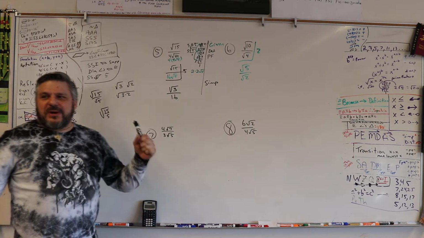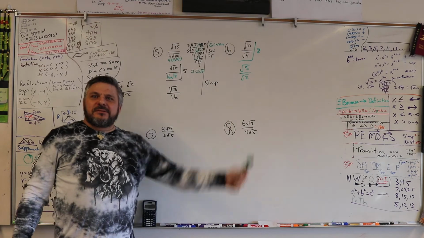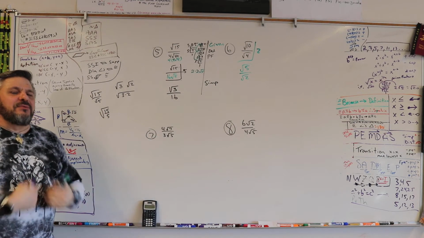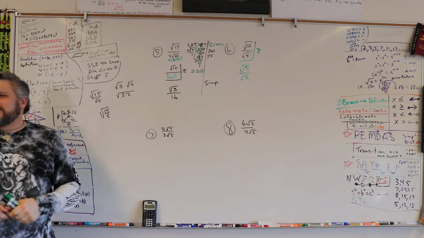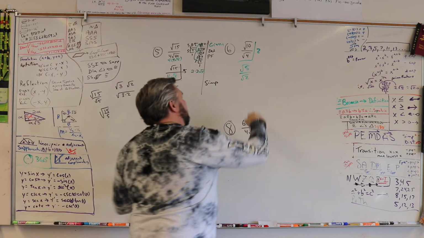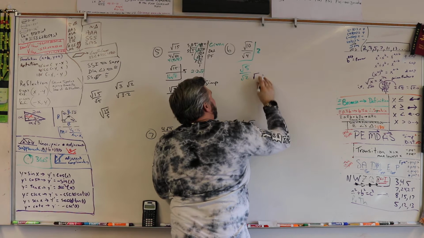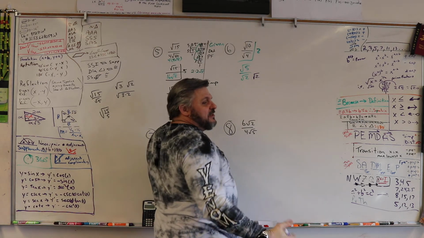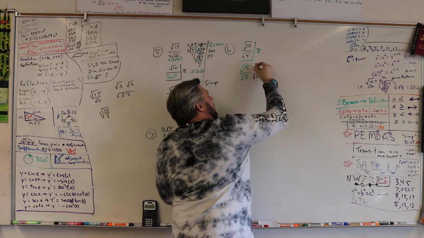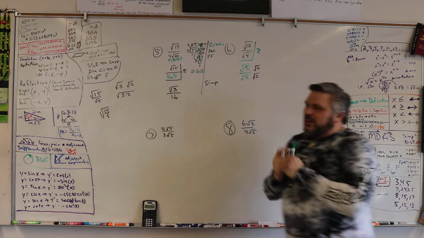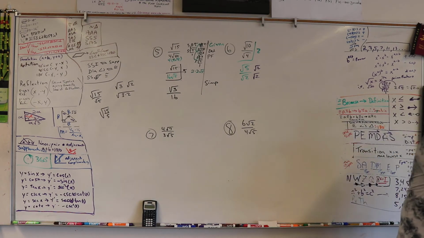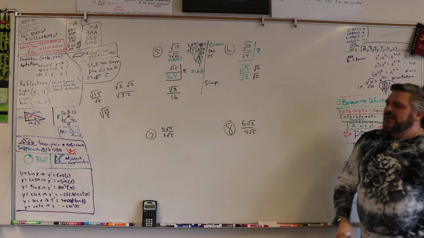What's the rule about a square root in the bottom? We can't have it. So, we have to get rid of the square root in the bottom. So to get rid of the square root in the bottom, you multiply it by the same square root. But what you do to the bottom, you have to do to the top. We're just basically multiplying it by 1, right? But we're making it look different. Okay?